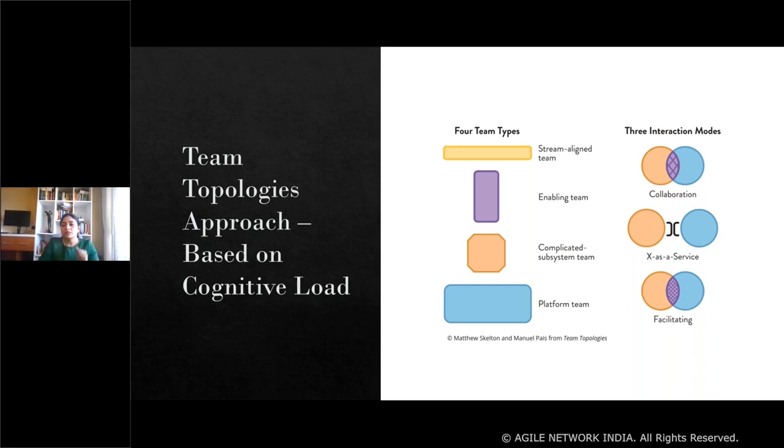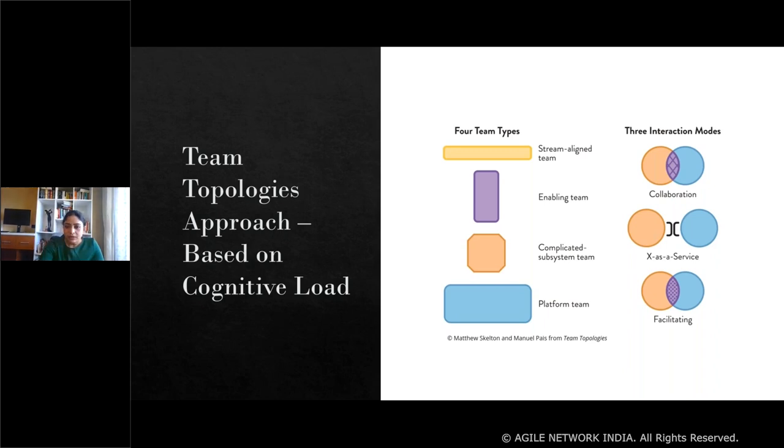Now, the fourth type of team is the platform team, a grouping of other team types that provide a compelling internal product to accelerate delivery by the stream aligned teams. So all of these 3 are the supporting services for the stream aligned team only. Platform teams enable stream aligned teams to deliver work with substantial autonomy, while the stream aligned team maintains full ownership of building, running, and fixing an application in production.